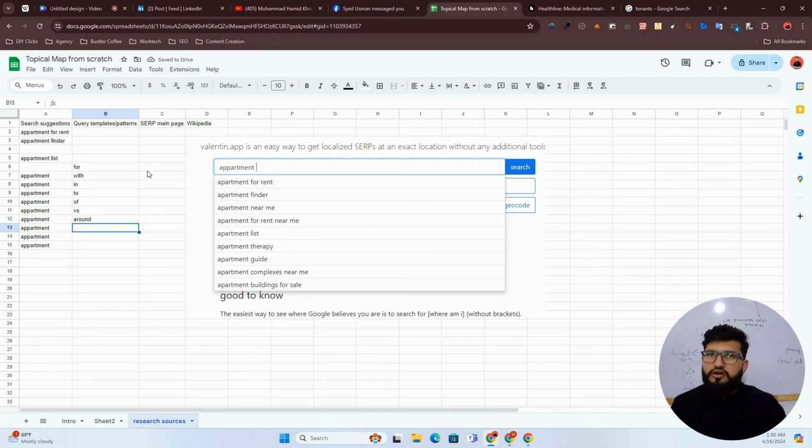Maybe you can find more prepositions or conjunctions through Google, and again these things come from linguistics. You have to understand these from a search query perspective, like how users are searching for information.